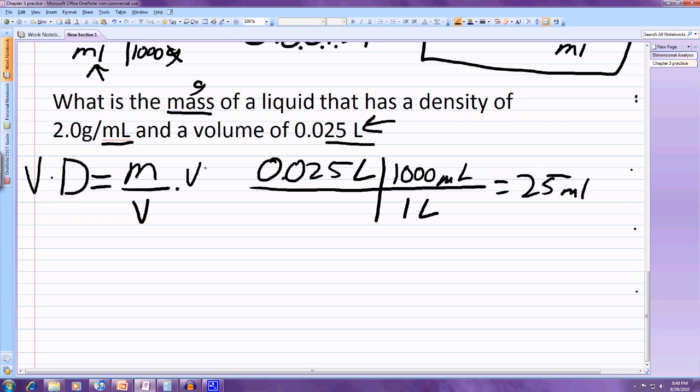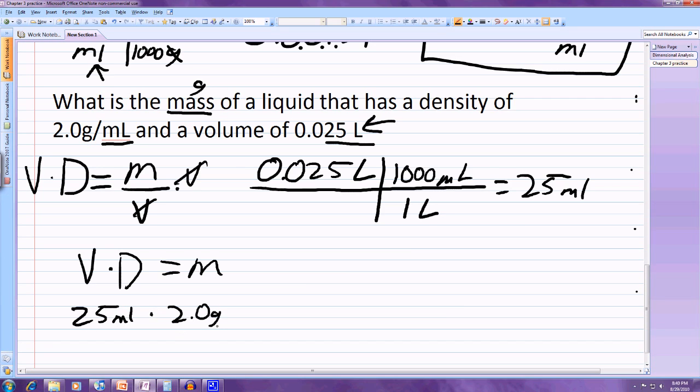Now our volumes cancel, so we've got V times D equals M. So our V is 25 milliliters times density, which is 2.0 grams per milliliter, is equal to mass. Now, mathematically, we've got milliliters on the bottom and milliliters on top, which makes them cancel. So it's really 25 times 2 equals 50 grams. That's how much we have there.